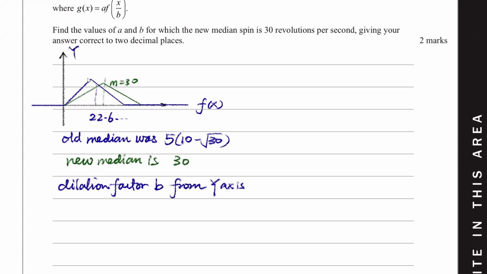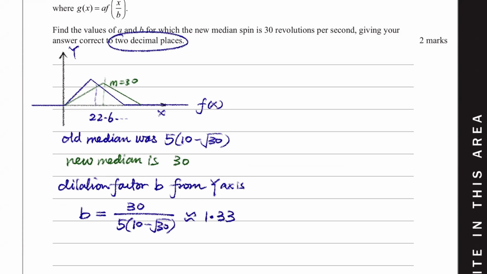This is y-axis, this is x. B equals the new value divided by the old value, okay? And you may want to get a decimal approximation of this value. Say it's 30 divided by 5 times 10 minus root 30, square root 30. That's 1.33, correct to 2 decimal places.